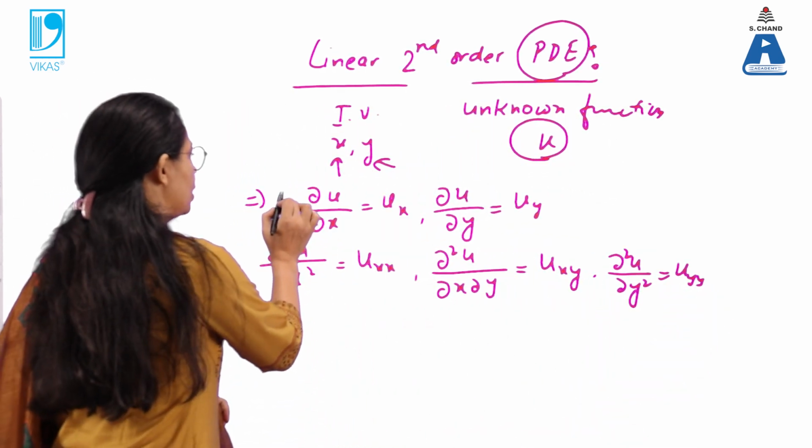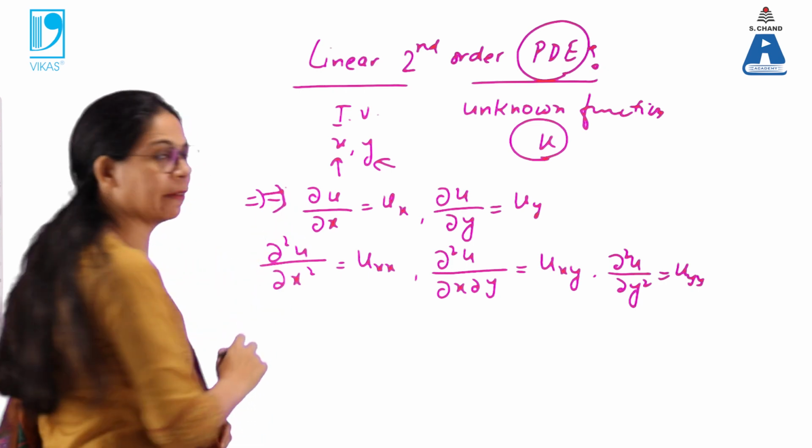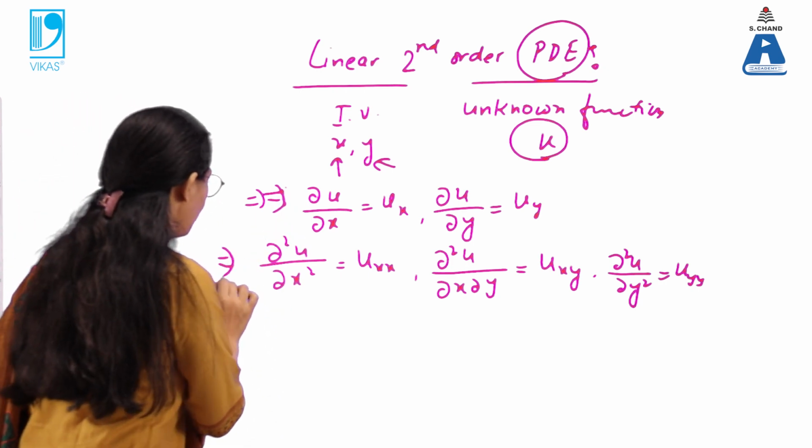So, these two are the first order partial derivatives, and these three are the second order partial derivatives.